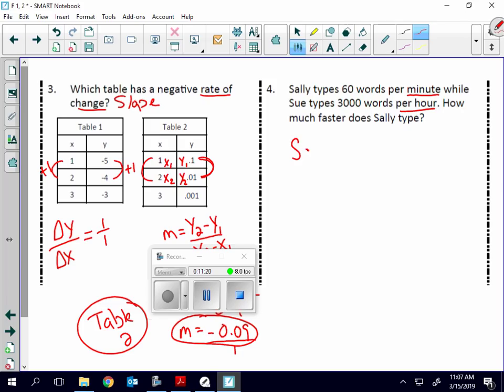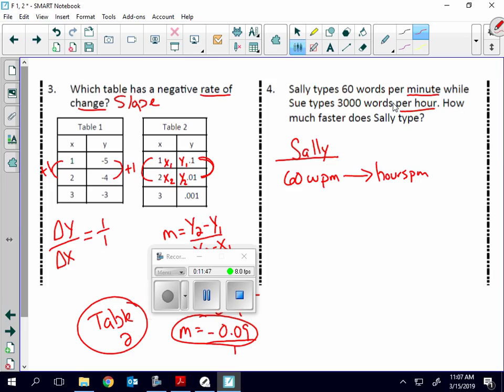So Sally, we said 60 words per minute, WPM, words per minute. We're going to change that to hours. All right, so if it's 60 words per minute, well, how many can she do per hour?